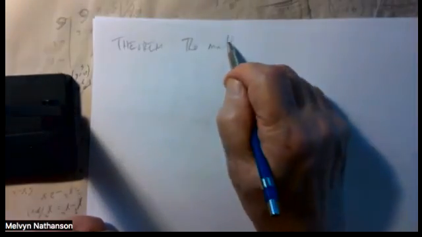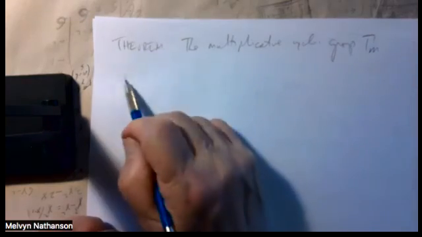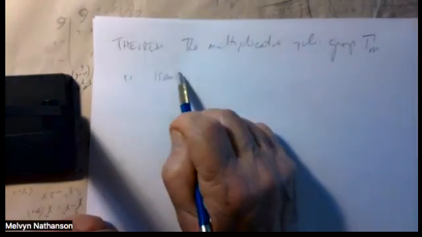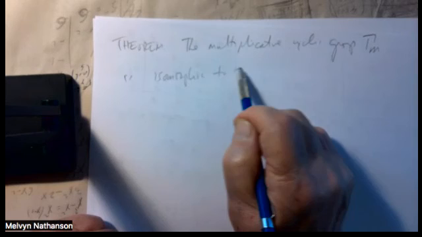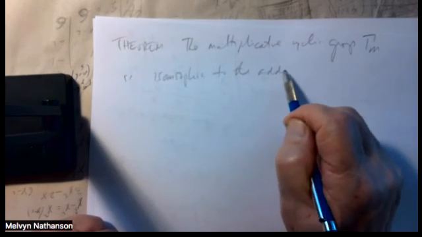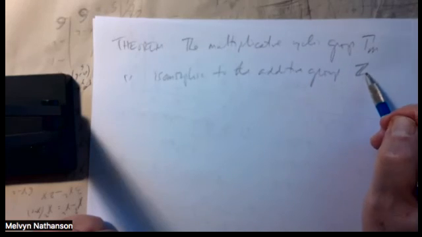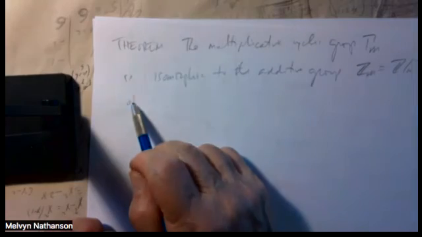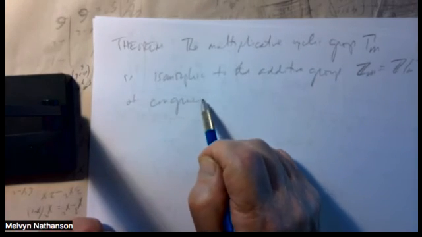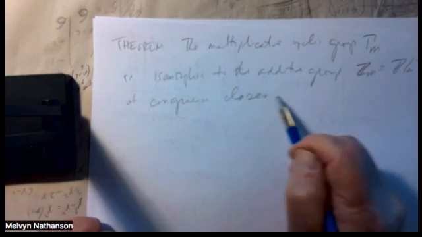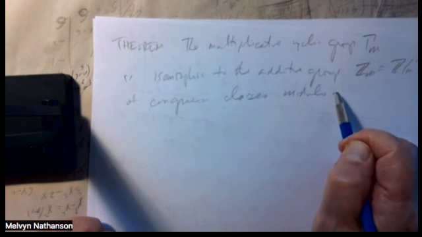The multiplicative cyclic group gamma sub m is isomorphic to the additive group Z sub m, or Z mod mZ, your choice of notation, of congruence classes modulo m.